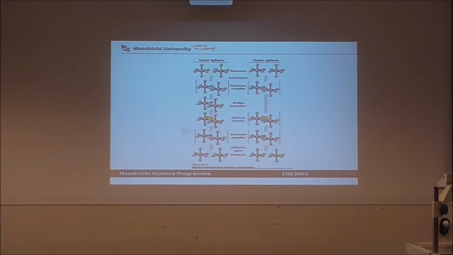With an inner sphere mechanism, things are a little bit more complicated. So you have a complex that has a ligand capable of forming a bridge. That's important. In this case, it's denoted by this red atom here, or this group here.